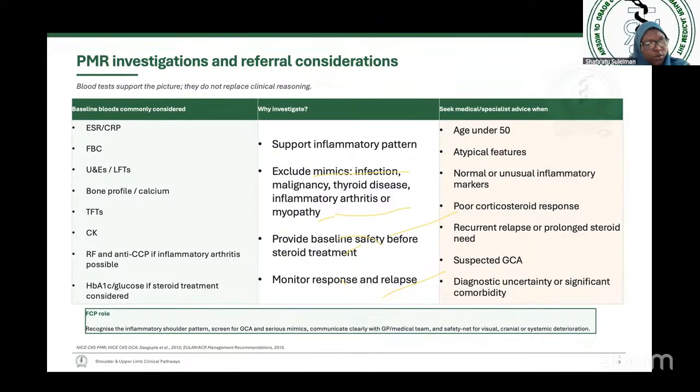And you also want to look into the blood glucose, especially with steroids, because with polymyalgia rheumatica the management is pharmacological, steroids. So you're going to place the patient on steroids. You definitely need to know the baseline for their blood glucose, especially because they are going to be on steroids for a long time.